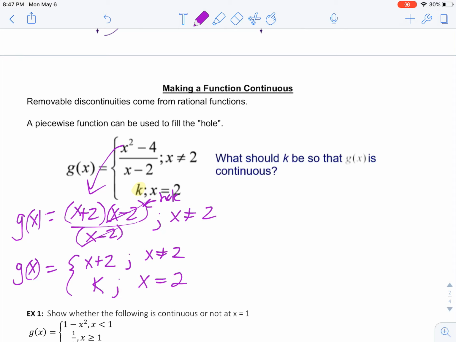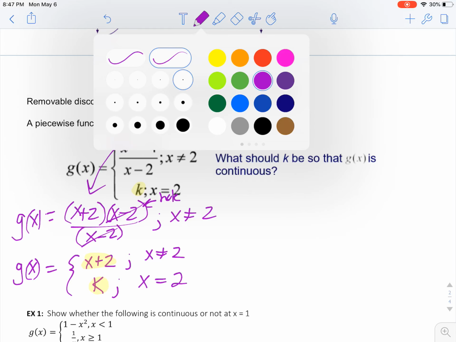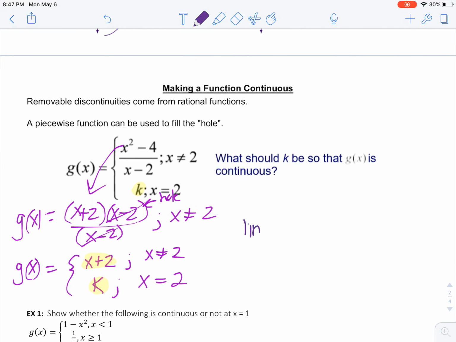Okay, so how do we make that continuous? We want x plus 2 and k to be equivalent when x equals 2. So our limit as x approaches 2 of g of x equals 2 plus 2.